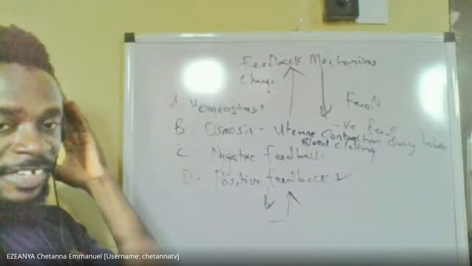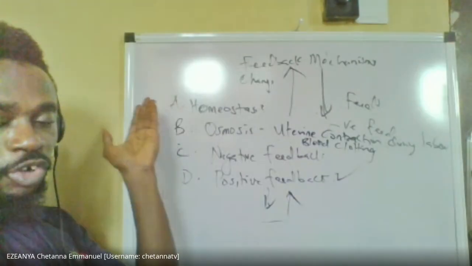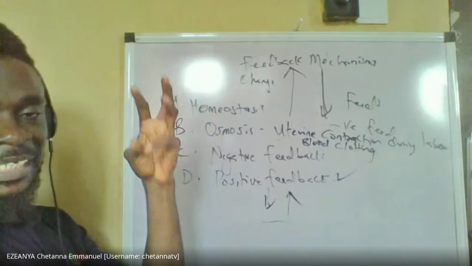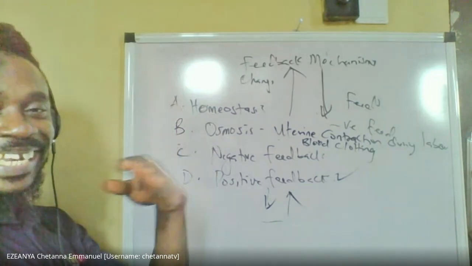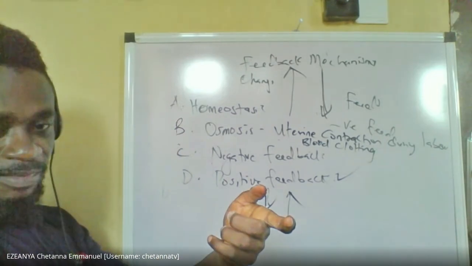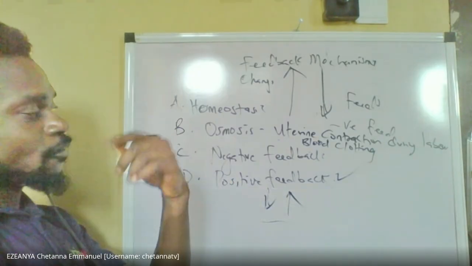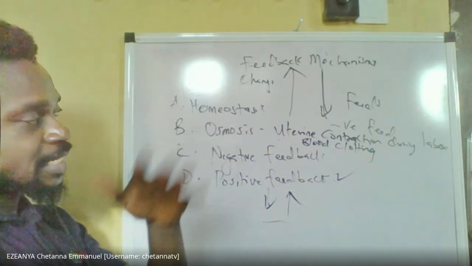I have explained all the options, right? I've told you what homeostasis is. Homeostasis is the body trying to maintain a stable internal environment. That is homeostasis. Now, of course, osmosis has no business with this question.